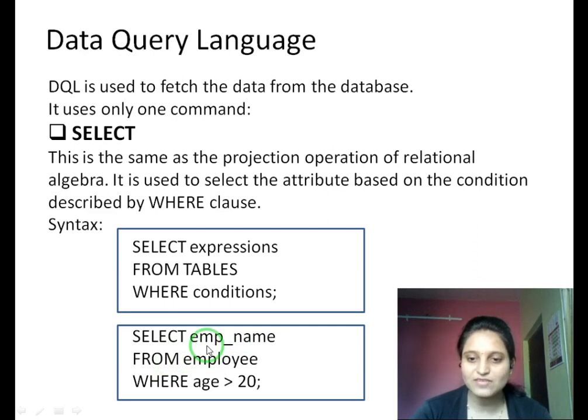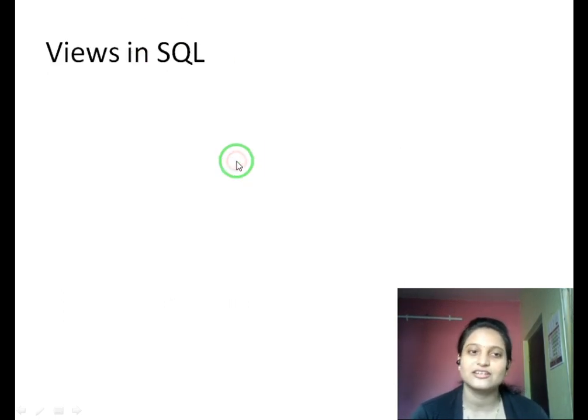This employee name is situated in the employee table, therefore from employee. Where is the condition? I want a tuple or record whose age is greater than 20. Therefore, I include this where clause here. So this is the simple way data query language is used to fetch the data from the database.